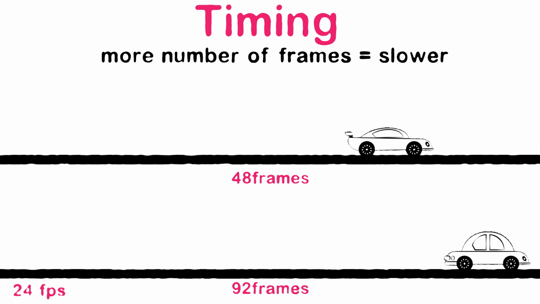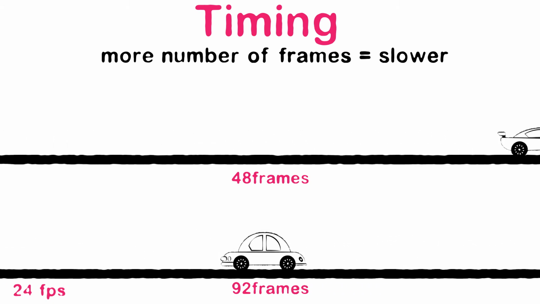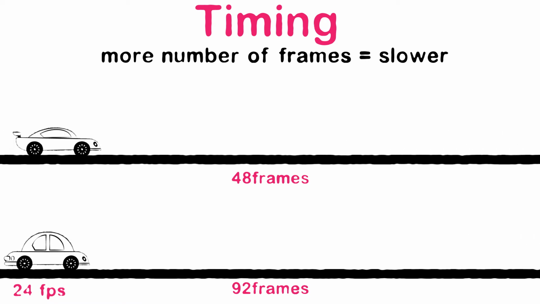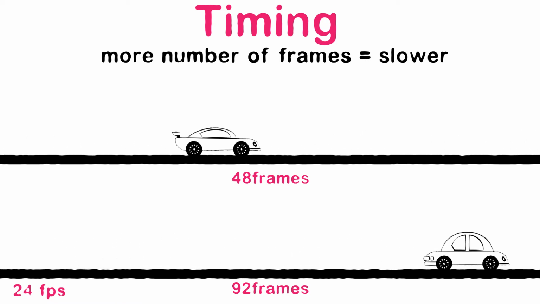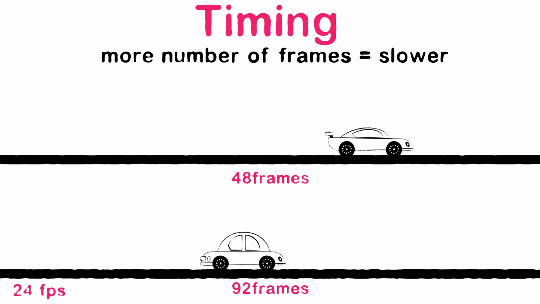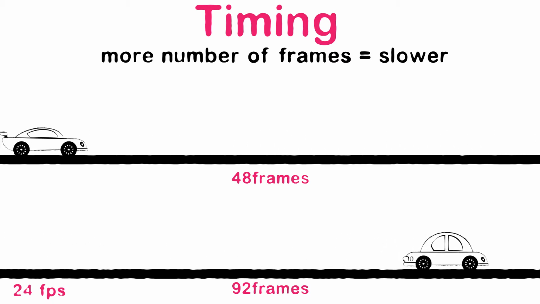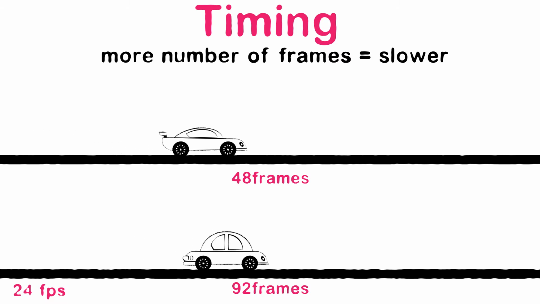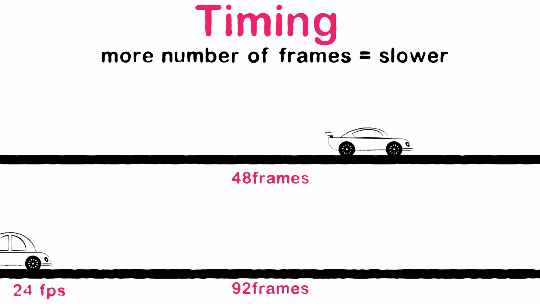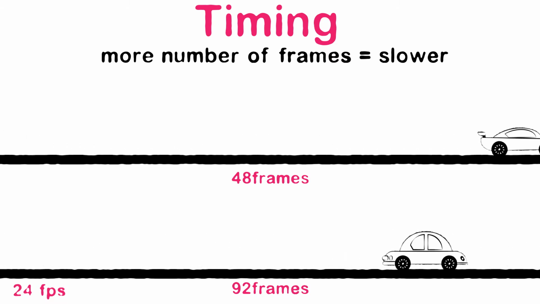There are also lots of other factors involved which you have to consider. And before making a particular animation, you have to judge what its timing should be because it will impact a lot of other areas in your animation.